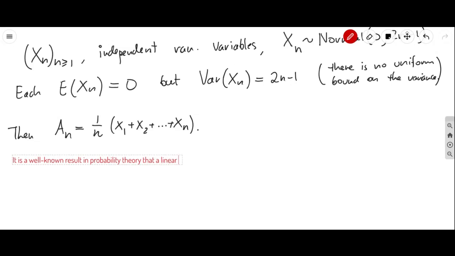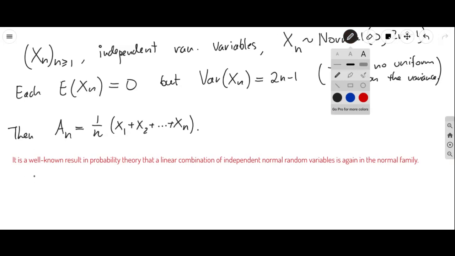That a linear combination of independent normal random variables is again in the normal family. A normal random variable is just a random variable that has a PDF, and its PDF follows that normal density function.